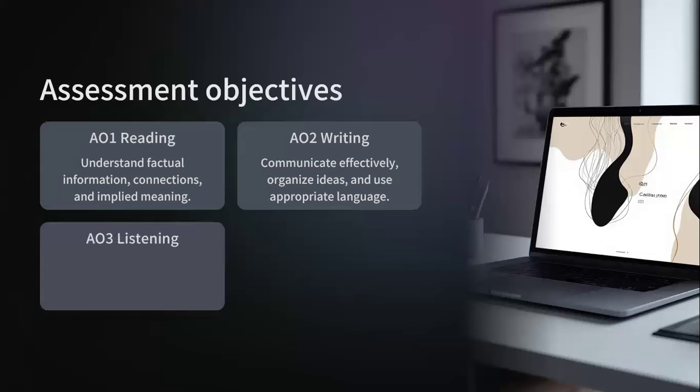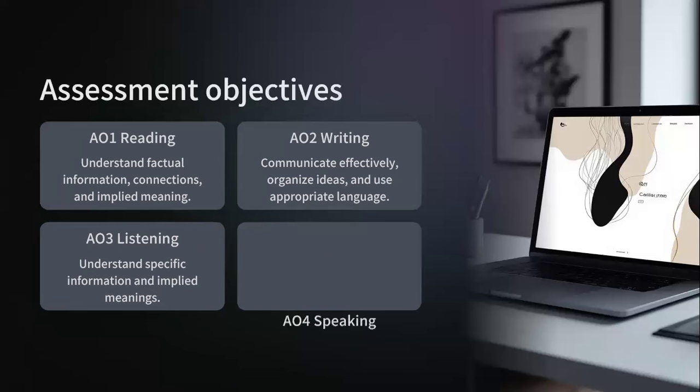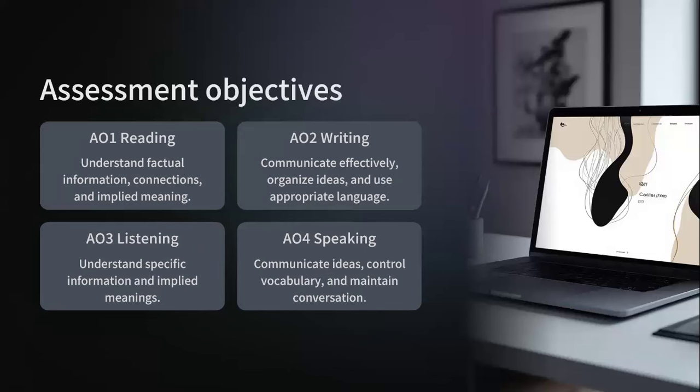Assessment objective number 3 is based on listening. Here the examiner is going to enable you to understand the specific information and the implied meanings through listening transcripts. And assessment objective number 4 is based on speaking, which is going to enable you to communicate your ideas, to control your vocabulary, to tailor your language, and to maintain a smooth flow of conversation.